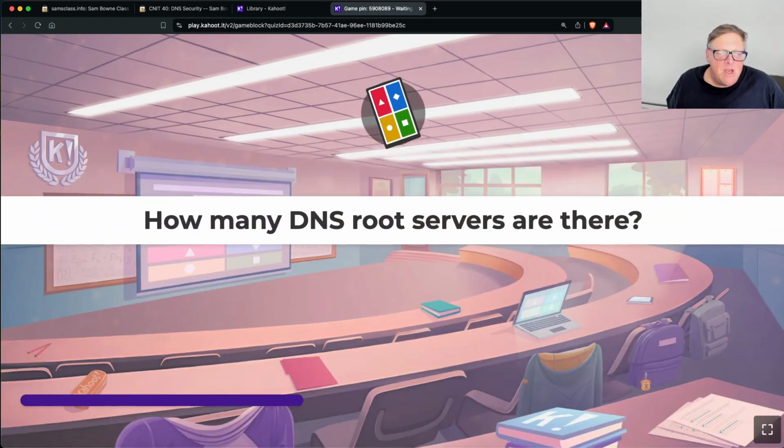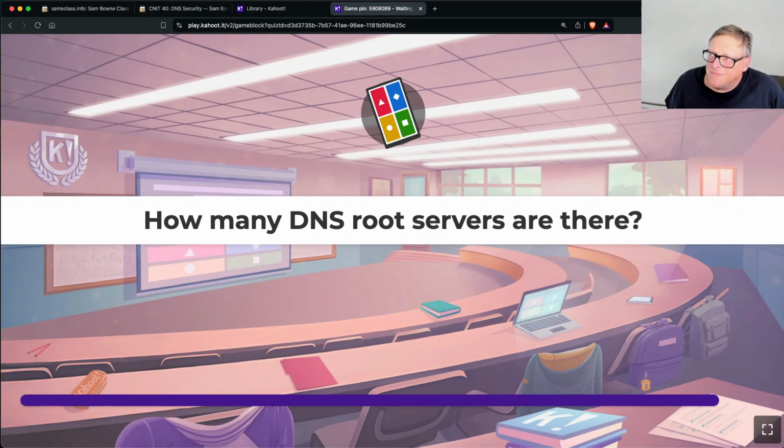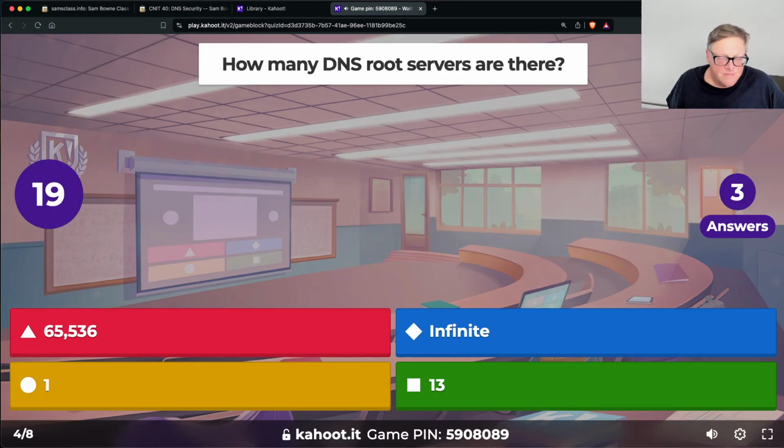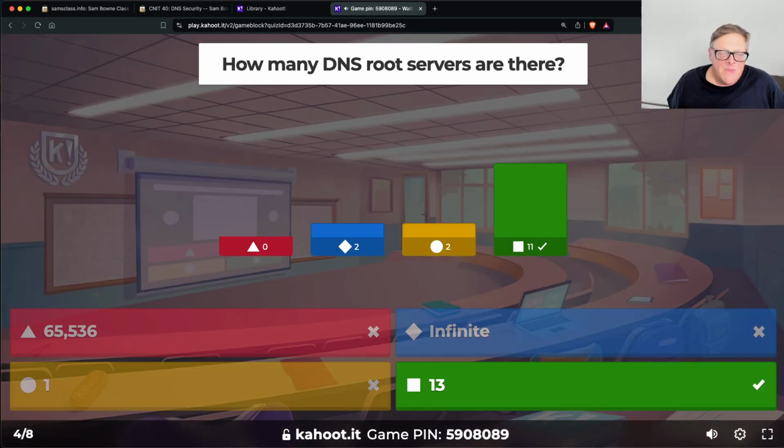All right, so how many root servers are there? Yep, 13. They call it 13 servers, although it's really 13 geographically dispersed server clusters.